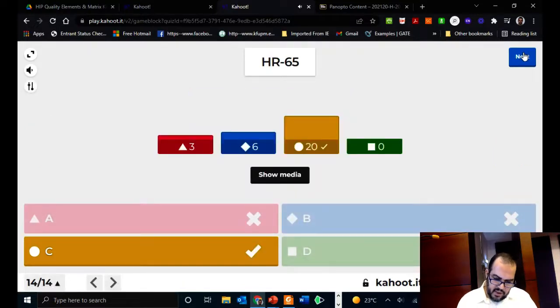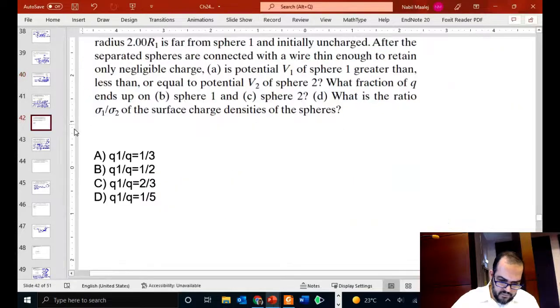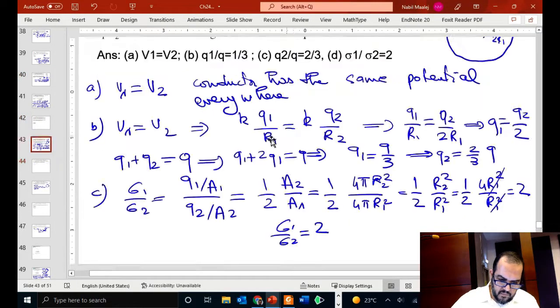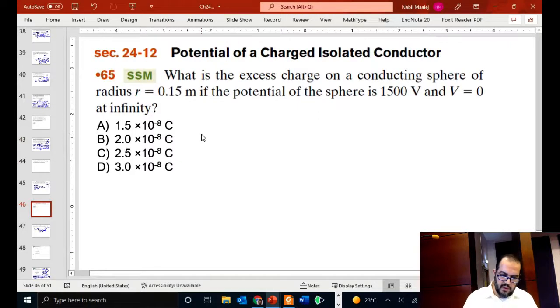Okay, very good. 20 correct answers and 9 incorrect answers. So this is the problem. So if I draw the sphere, we're given the potential here.